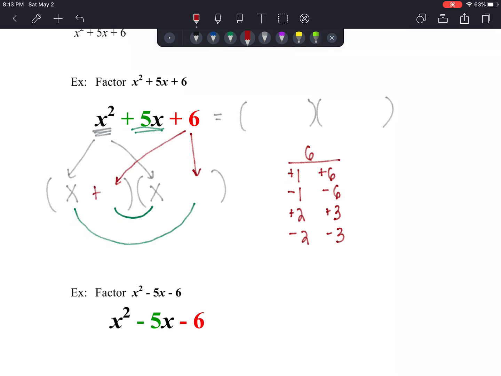If I try the positive 1 and the positive 6, that's going to give me an outer of 6x and an inner of 1x. 6x plus 1x is 7x, not 5x. So those don't work.